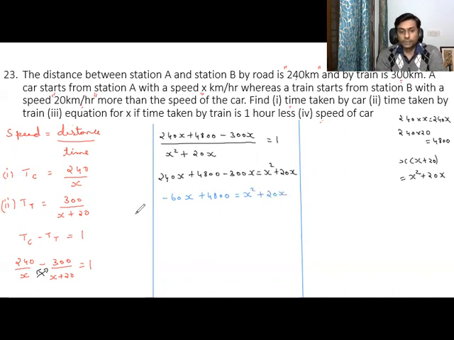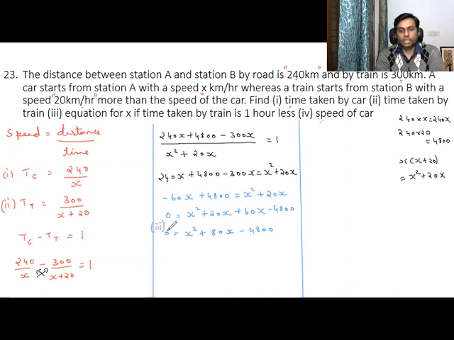Bring it all on one side. 0 is equal to x square plus 20x plus 60x, and 4,800 comes to the other side, minus 4,800. So 0 is equal to x square plus 80x minus 4,800. This is the equation for x.